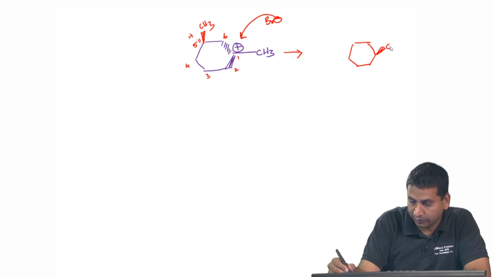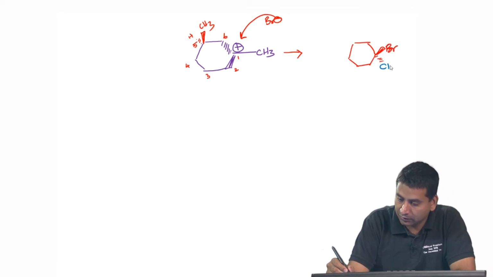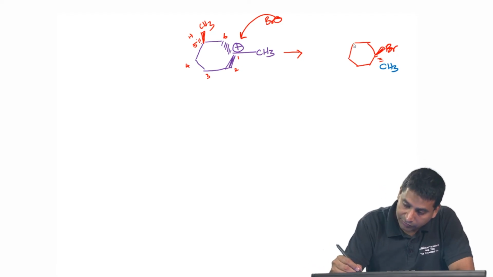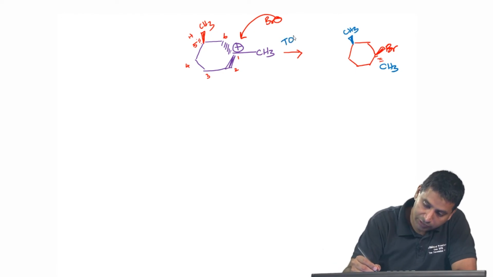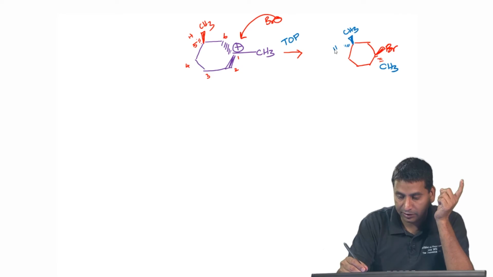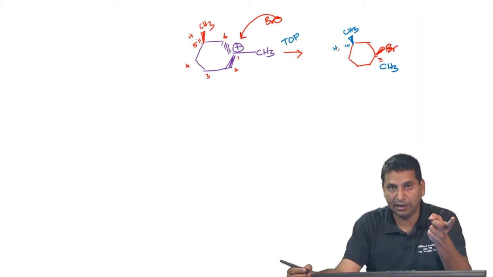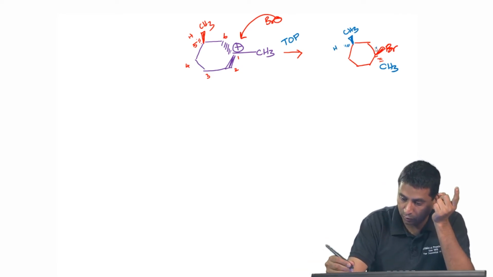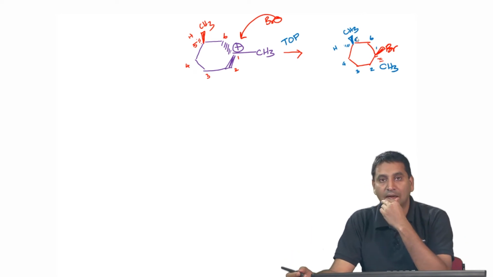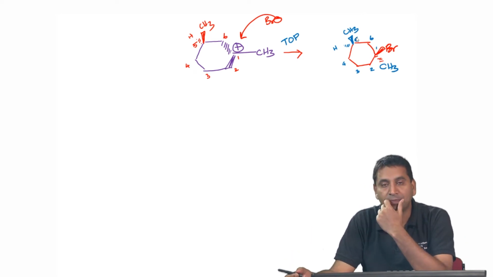Br is attacking from the top, the CH3 is over here, and as discussed, the other CH3 is over here. So, I will write top. Now, again keep in mind I am going to make sure that the numbering is the same. So, I will follow the same numbering 1, 2, 3, 4, 5 and 6.